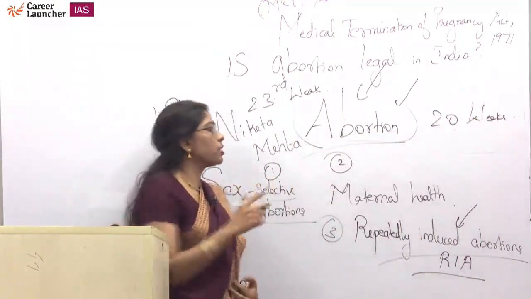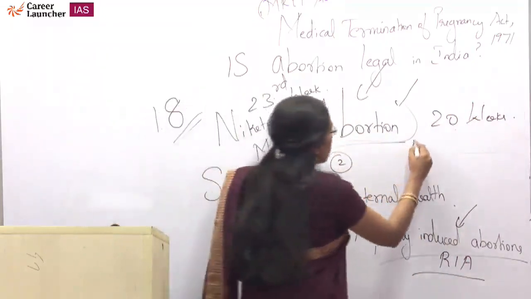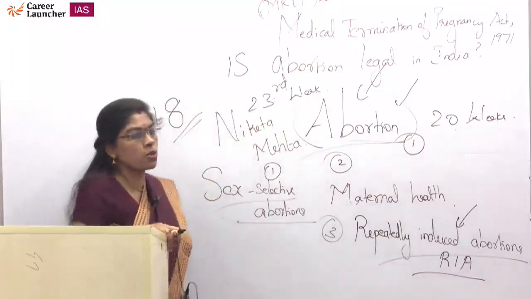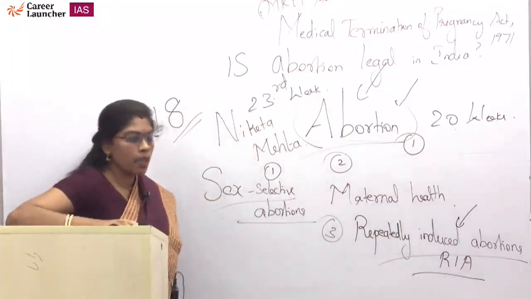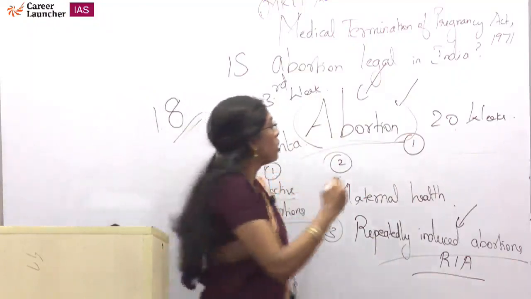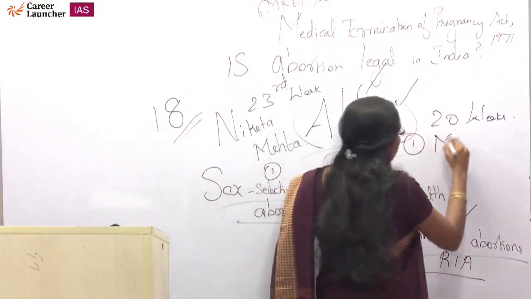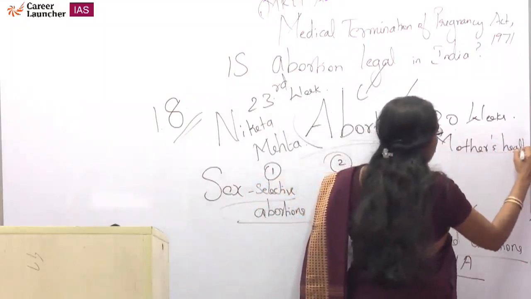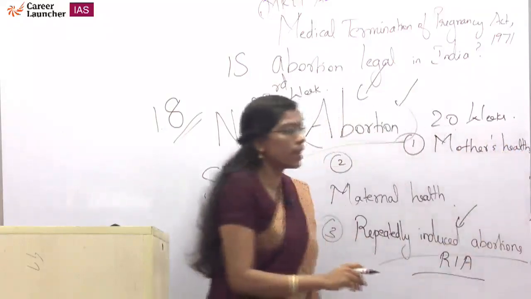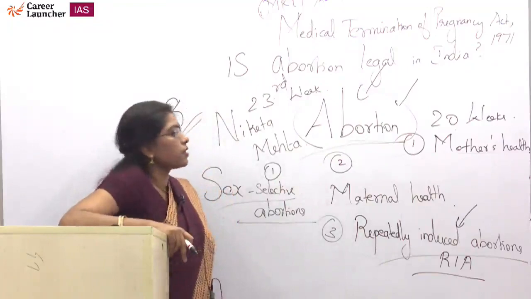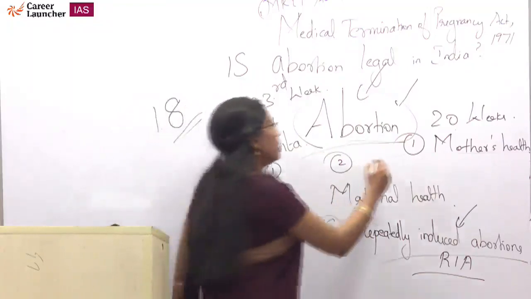There are 4 conditions. You can note them because we are not going to dictate. First condition, if it is going to pose a serious threat to the mother's health. The woman who is carrying the child, if her health is at risk, then serious risk.